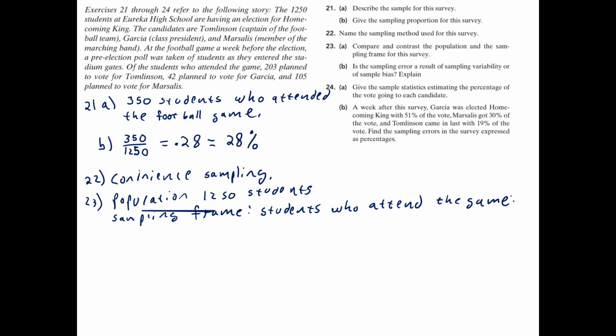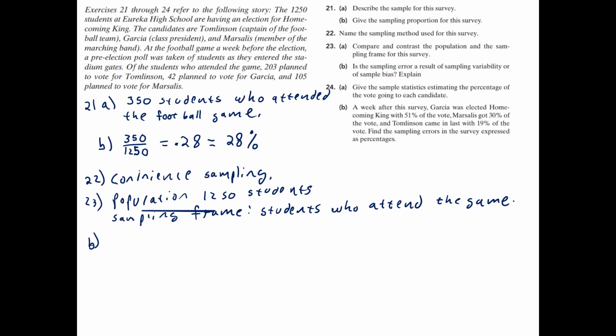Is the sampling error a result of sampling variability or of sample bias? Explain. So 23B, the sampling error, which we don't know that there is yet, but in 24, we will see that there is sampling error. That's the difference between your actual population parameter and your sample statistic.